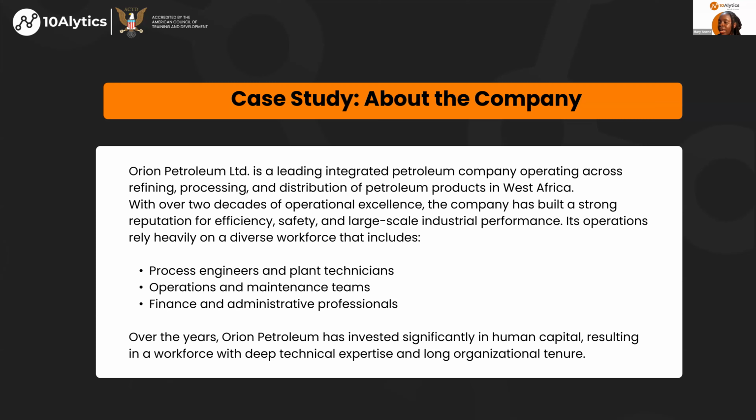Its operations rely heavily on a diverse workforce that includes process engineers and plant technicians, operations and maintenance teams, finance and administrative personnel. And over the years, Orion Petroleum has invested significantly in human capital, resulting in a workforce with deep technical expertise and long organizational tenure.